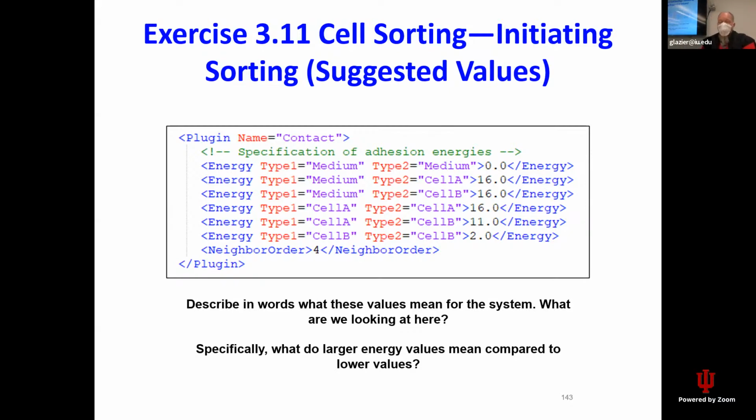This one always feels a little bit backwards. It's not intuitive. Lower energy means more adhesion. So B sticks to B more than A sticks to A. And remember our experiment, the more cohesive cell type goes to the middle. So if you do this, you expect B to go to the center and A to go to the surface.